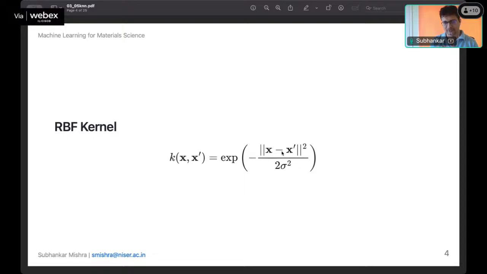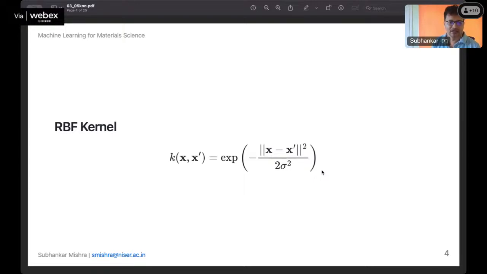Then we are doing an exponential on top of it, dividing by 2 sigma square. In other literature, instead of 2 sigma square there will be a gamma multiplied, so it looks like e to the power negative gamma times the norm of x minus x prime. But this is equivalent, gamma is equivalent to 1 over 2 sigma square. That's the only difference there.